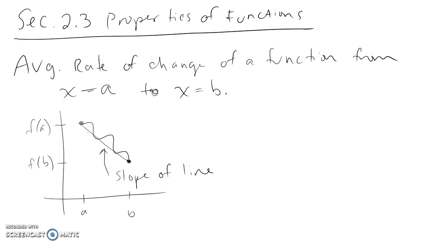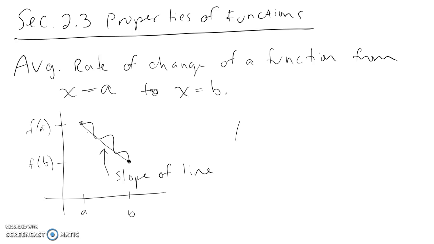Right? So since it's the slope of that line, it's the rate of change of that line, and it's average, meaning it's approximating the change of the function between 2 points.